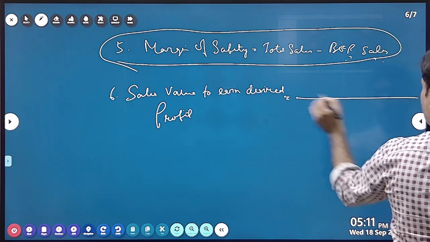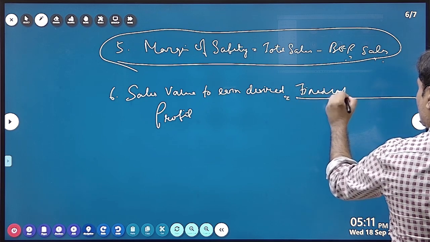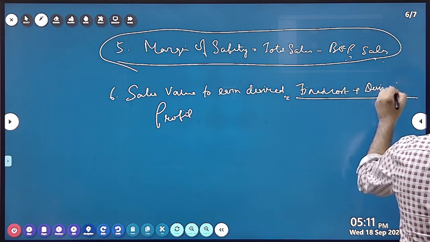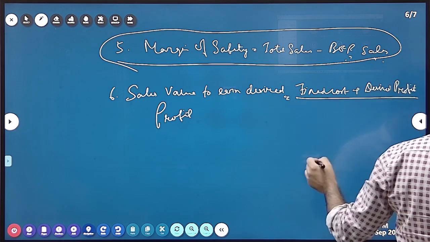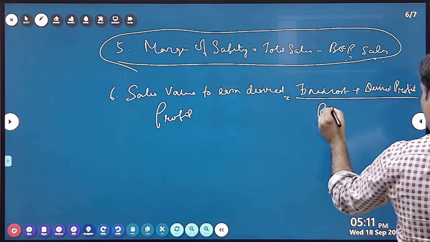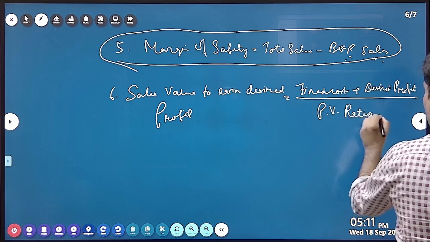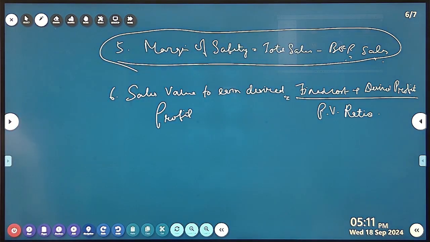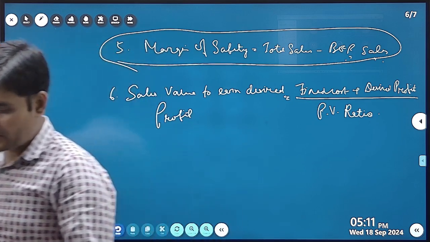It will be fixed cost plus desired profit, divided by PV ratio. These 6 formulas, if you learn, then you can complete the entire chapter of marginal costing.